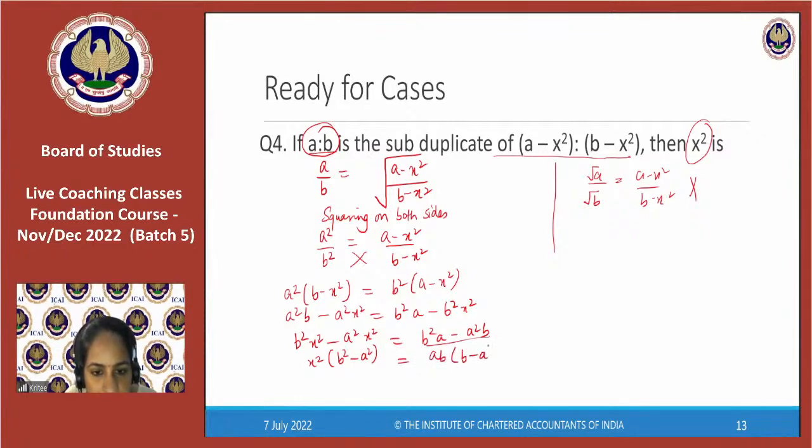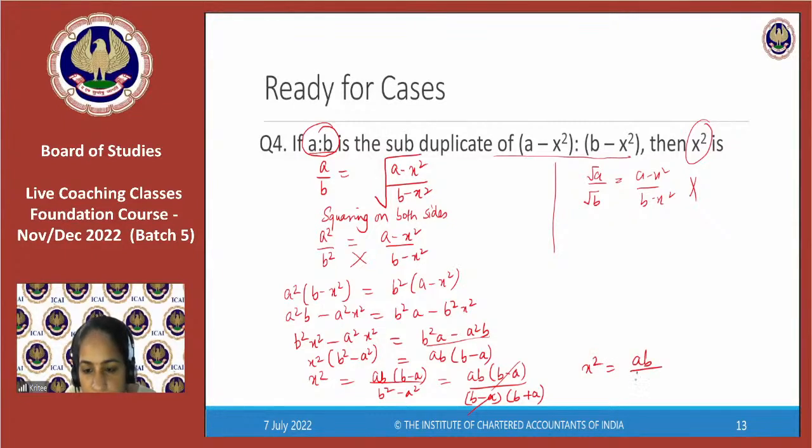We have b minus a here. So x square will be equal to ab into b minus a upon b square minus a square. This is a square minus b square formula, which gives me b minus a into b plus a. Cancels out. So your x square is equal to ab upon a plus b.